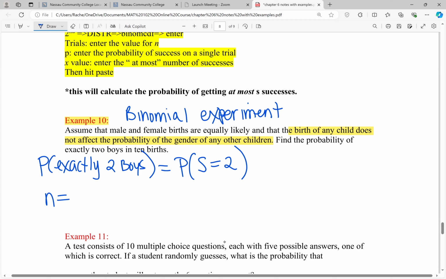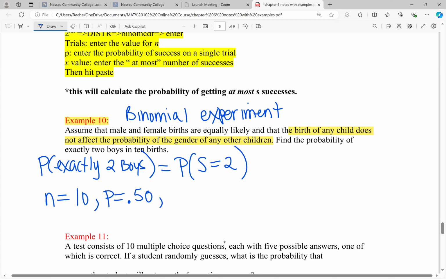How many births are we examining? In this case, there's going to be 10 births or 10 trials. We said that a success is being a boy. And what is the probability of being a boy? The probability of being a boy for any given birth is 0.5.